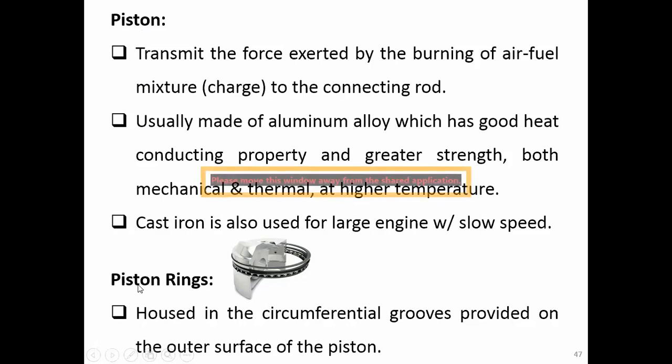we also have the piston ring. The piston ring is positioned in the circumferential groove that is provided on the outer surface of the piston. So on the side of the piston, you will see the ring.